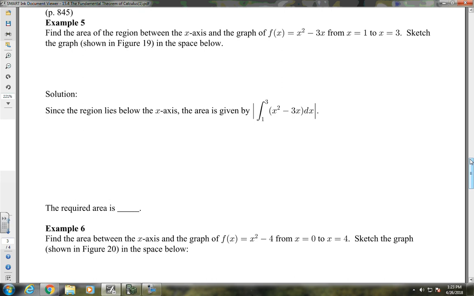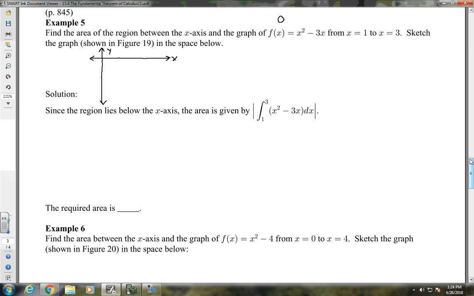First thing that I want to do is get a visual of this problem. So we need to graph the function f of x equals x squared minus 3x. That's simply a parabola. It opens up. You could find that out very quickly with your graphing calculator if you're not familiar with the function. Let's think about x-intercepts.